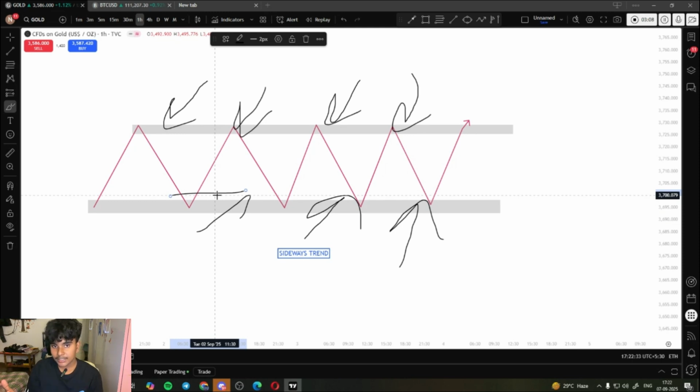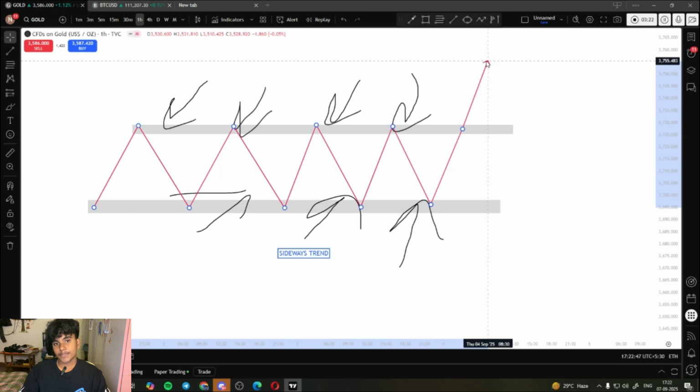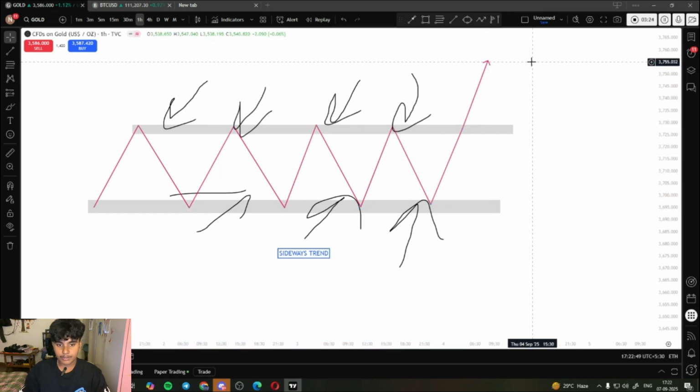Whenever it breaks, it means buyers have taken control, with 20,000 buyers against only 10,000 sellers, so the price will go up. So this is a sideways market.